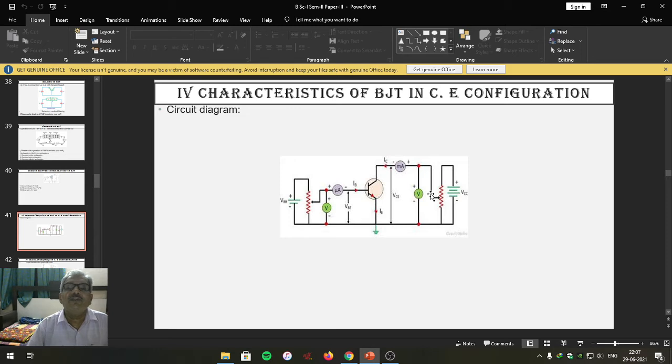What is the definition of input IV characteristics? We have to keep the output voltage constant, vary the input voltage VBE and note down the base current IB. As per definition, it is a graph of input current versus input voltage when output voltage is constant.